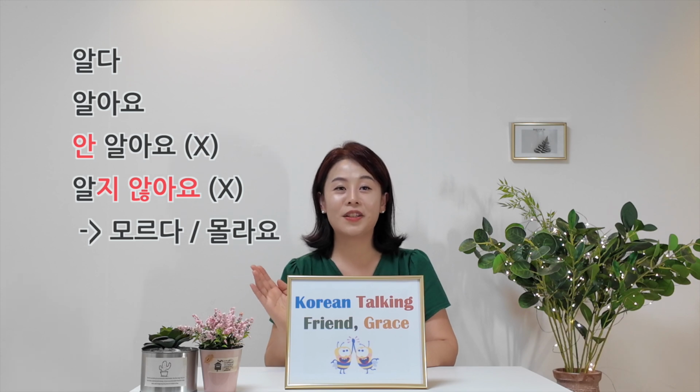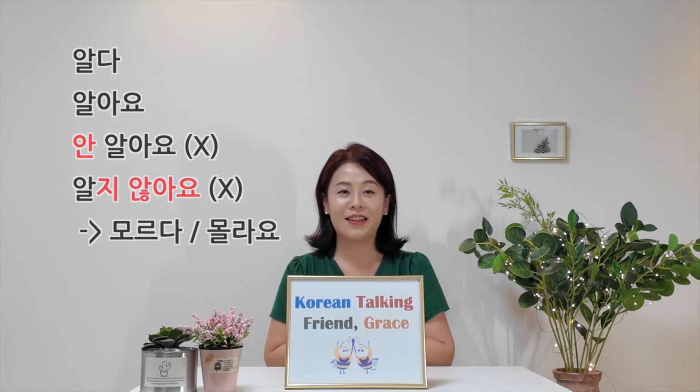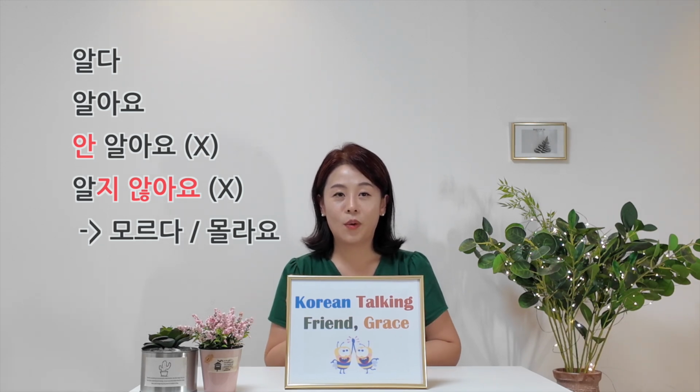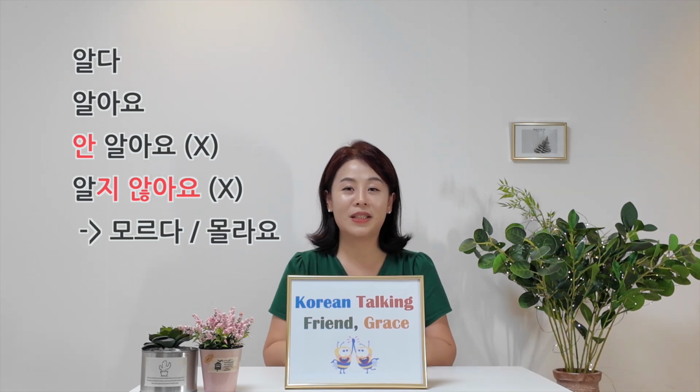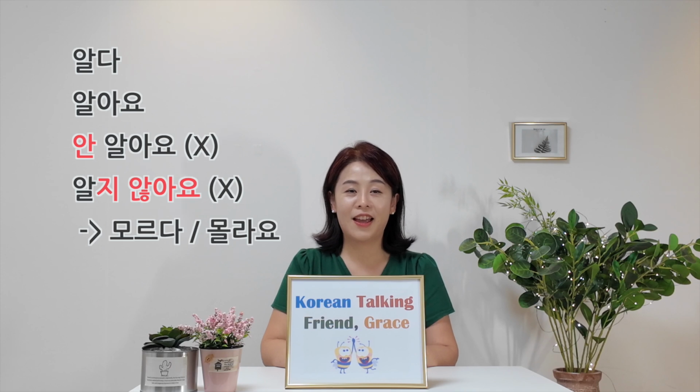알아요 is the conjugated form, and 안 알아요, actually we don't say it like this. It doesn't work. Nobody says that. And we don't say 알지 않아요 either. It doesn't work.